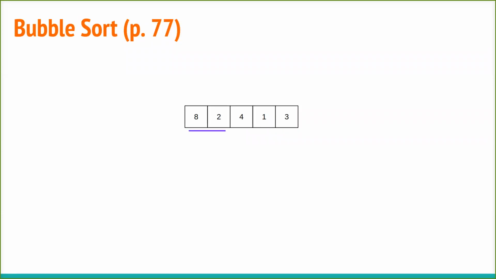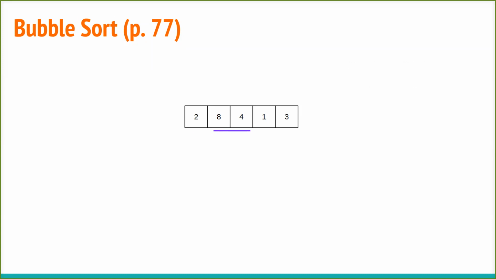So when this blue line is 0, we're on the first iteration of our for loop. So I is 0. We are comparing item 0 to item 1. Second iteration of our for loop, the blue line moves up. We are comparing item 1, 8, to item 2.